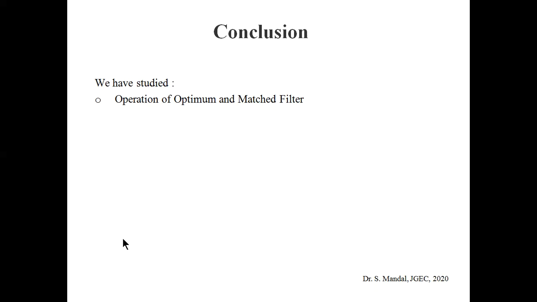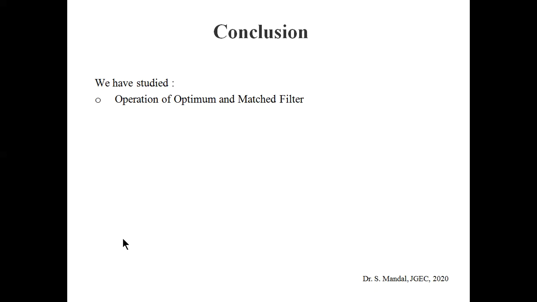So that is the basic difference between the optimum and matched filter. And in the next class we shall calculate the corresponding probability of error for the matched filter, and we can also observe some numerical problems based on the optimum and matched filter.